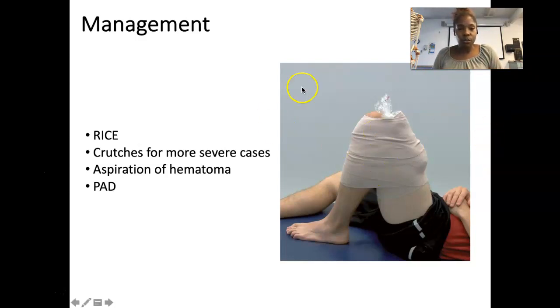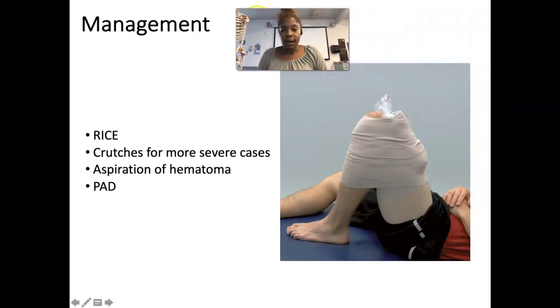Other things that we do with quadriceps contusions: we rest, ice, and compress, right? We use crutches in the event that it's a mixed quad contusion, in the event that they have a femoral bone contusion, and in the event that there is a massive amount of swelling on the anterior thigh. Because just think about the lower limb. We talked about compartment syndrome in the lower limb.